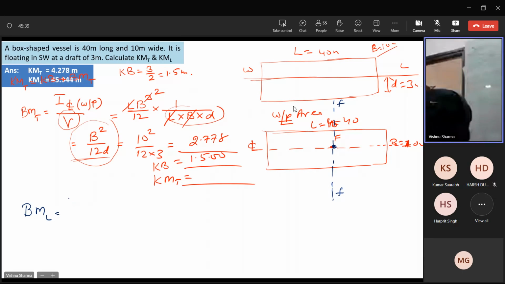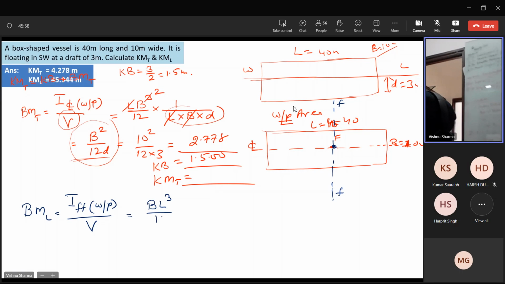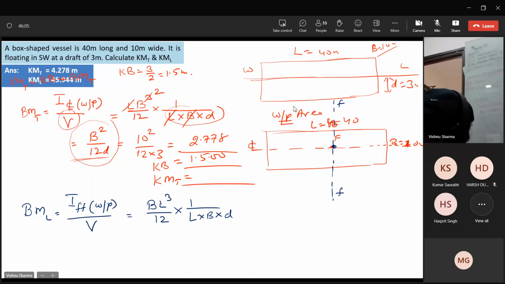So with reference to my diagram, the formula simplifies to IFF of the water plane divided by volume of displacement. Incidentally, FF is a standard axis for the rectangle, and that will be BL cube by 12, divided by L into B into D. B and B get cancelled. One L gets cancelled, leaving L square by 12D.